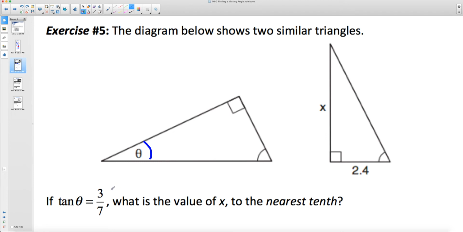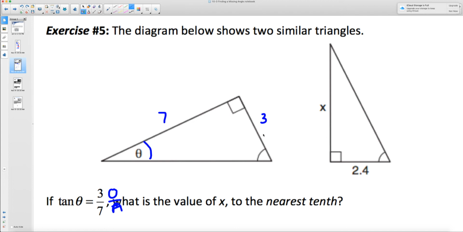So that's giving us a ratio of 3/7. So the opposite is 3, and the adjacent is 7. So let's go ahead and label that. The opposite is 3, the adjacent is 7. Okay. What is the value of x to the nearest tenth?